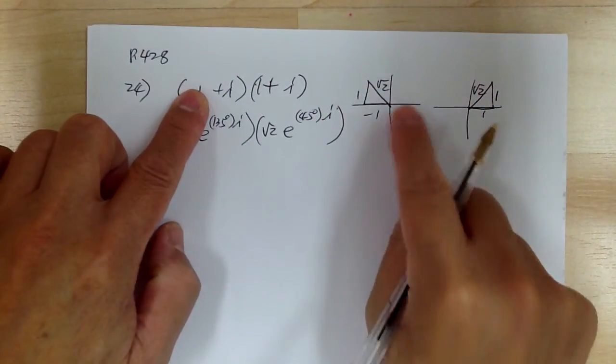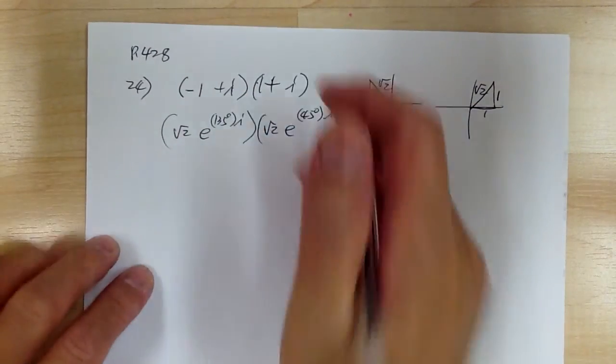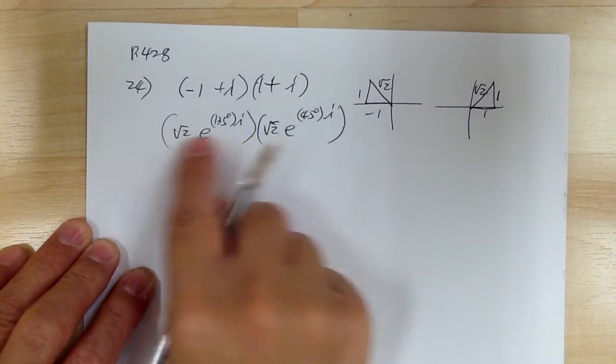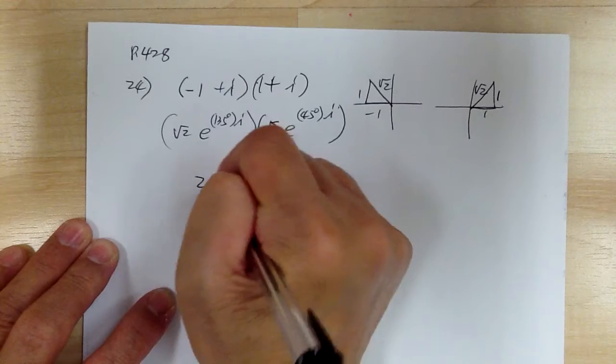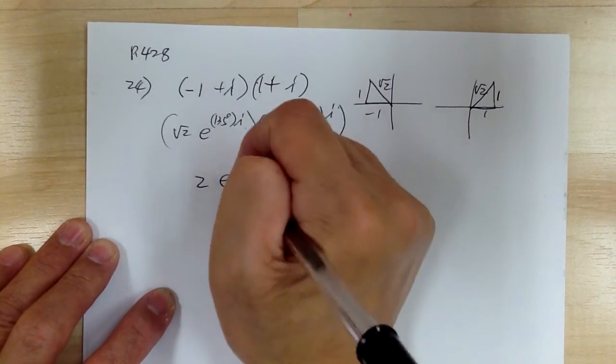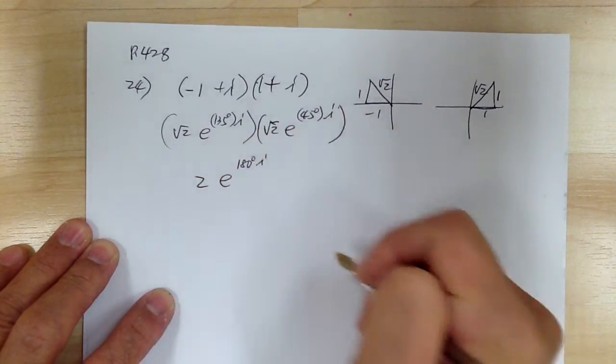Now when you multiply, square root of 2 times square root of 2 gives you 2, and you add the exponents, so it's e to the 180 degrees i.